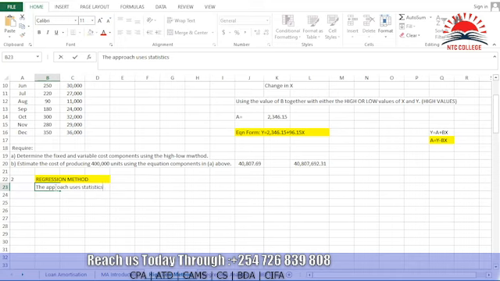So the approach uses statistics to determine A and B. Remember, in the linear equation, the method uses statistics to estimate the values of A and B.